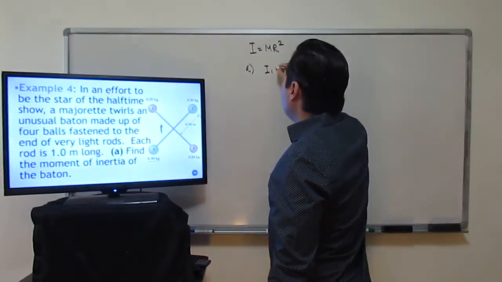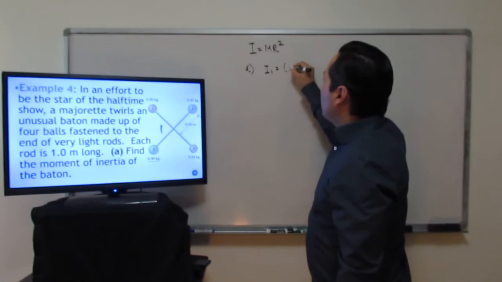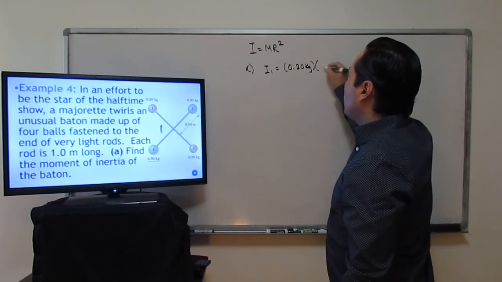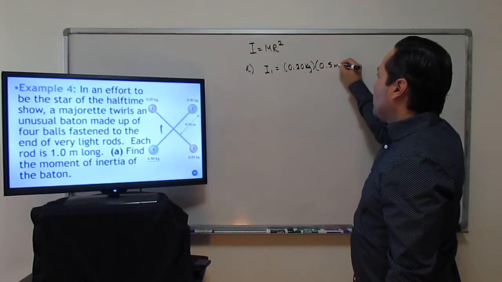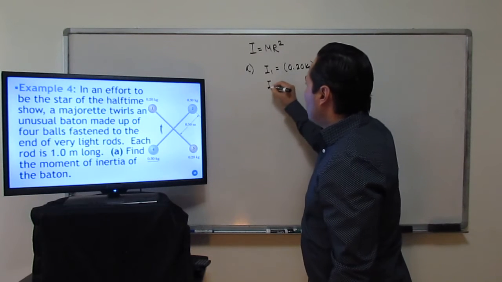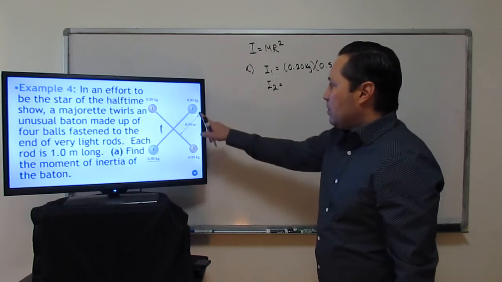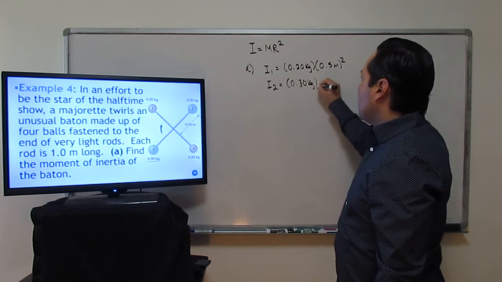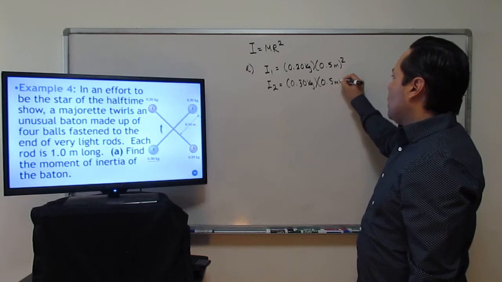So for number 1, it's going to be the mass, which is 0.2 kilograms, multiplied times R, which is the radius of 0.5 meters squared. For number 2, it's going to look very similar, except that number 2 has a bigger mass of 0.3 kilograms. It's going to be multiplied times the same radius.